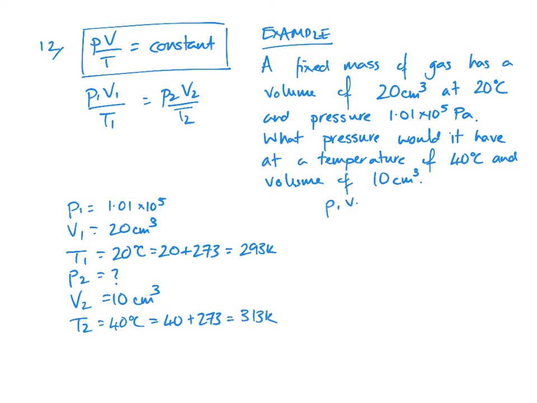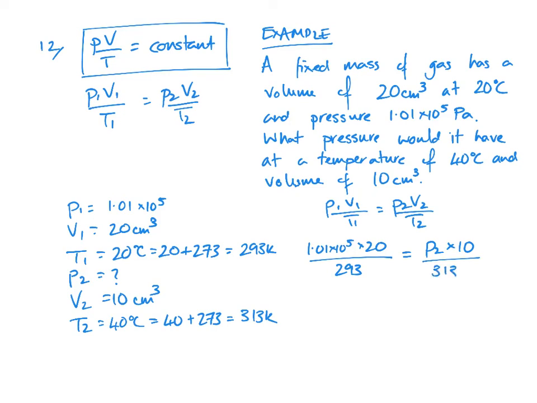And then our formula, P1 V1 over T1 equals P2 V2 over T2, and then just plug in the values. 1.01 times 10 to the 5 times 20, all divided by 293, equals P2, which is what we're trying to work out, times 10, all divided by 313.